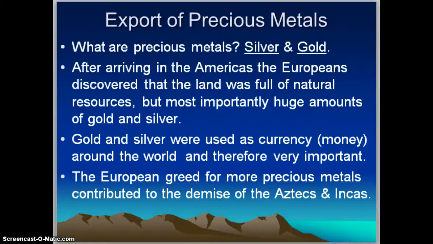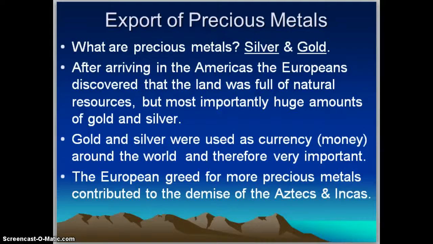After arriving in the Americas, the Europeans discovered that the land was full of natural resources. And the most important thing that they found they had huge amounts of were gold and silver. Gold and silver are going to be used as currency. So that is a form of money, and it's going to be used around the world. Therefore, it's going to be very important.